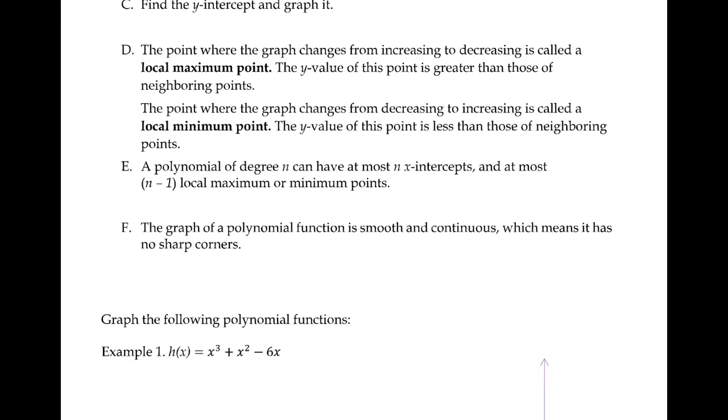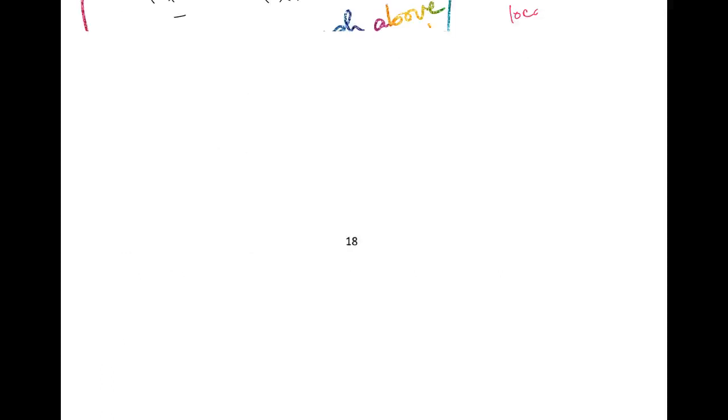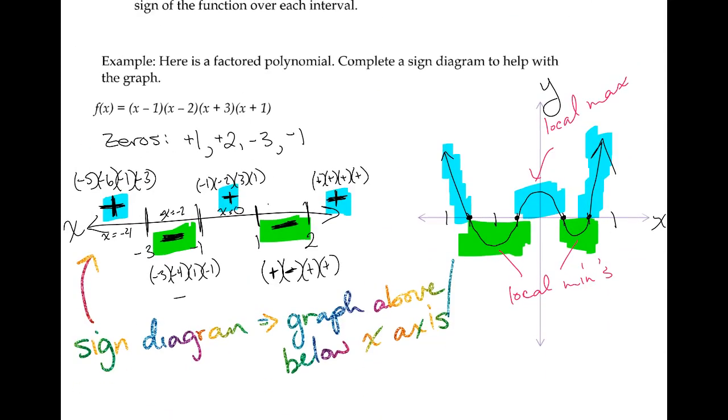The maximum number of intercepts that any polynomial can have is the same as the degree that it has. So when I look at this one, I've got 4 x's. If I multiplied this out, my degree would be x to the 4. And I have 4 zeros. That's the most zeros I could have.